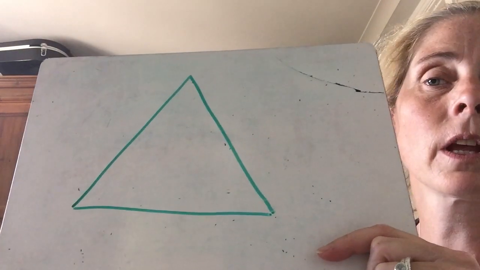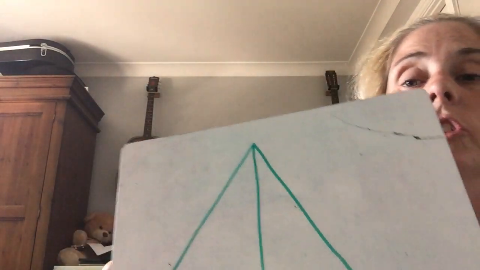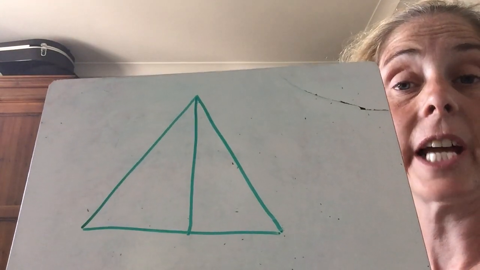So what I want you to look at now is I would like you to speak to the adult that's with you. Look at the shape I've drawn. I would like you to shade half, okay? I'm going to put it like this. I would like you to shade half of that shape.